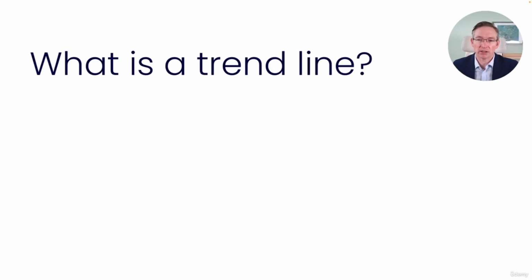So, first of all, what is a trend line? Now, a trend line is really very simple to analyze, and it won't take you long to recognize them. It's probably just worth me saying at this point that I'm going to point out to you the orthodox understanding of a trend line, and I'm going to show you an unorthodox way of using a trend line that just works through experience.